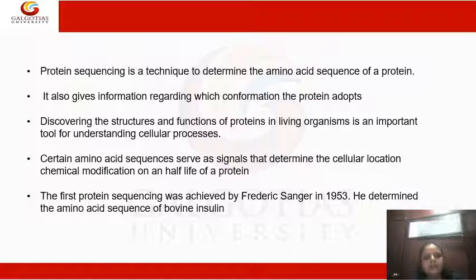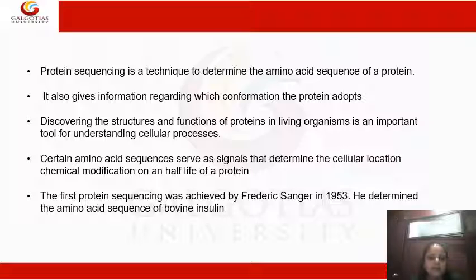So we can conclude that protein sequencing is a technique to determine the amino acid sequence of a protein. It gives information regarding which conformation the protein should adopt. By knowing the sequence of the protein, we can know the conformation of the protein. Discovering the structure and the function of a protein in a living organism is an important tool for understanding cellular processes.